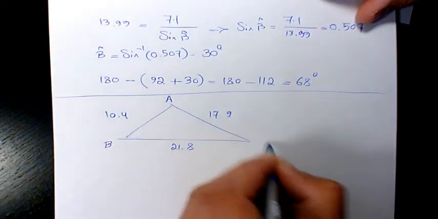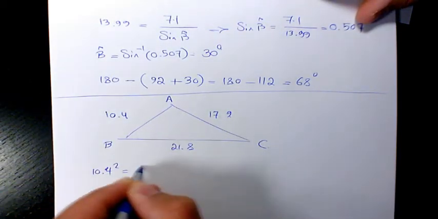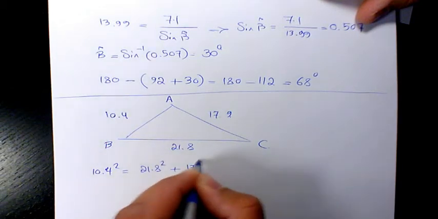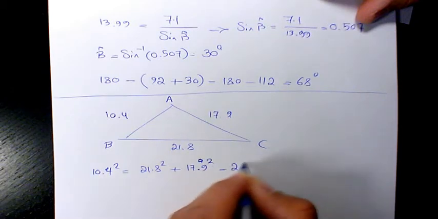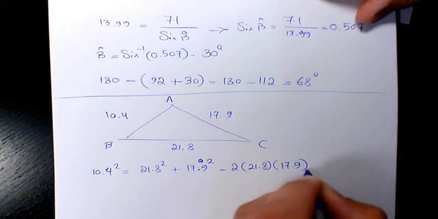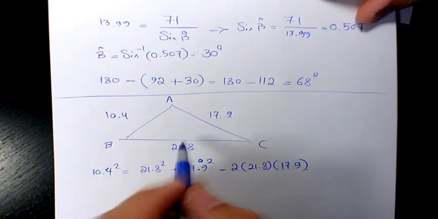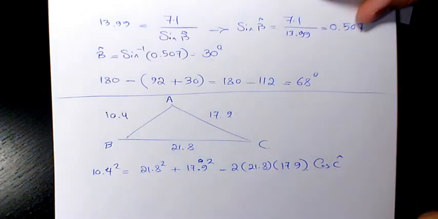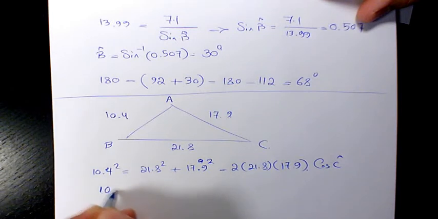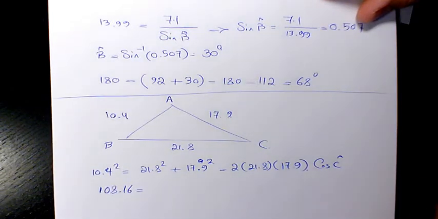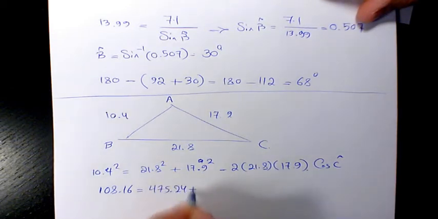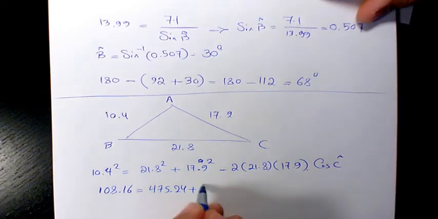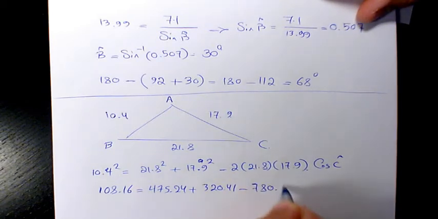We call it A, B, C. So 10.4 to the power of 2 equals 21.8 squared plus 17.9 squared minus 2 times 21.8 times 17.9 cosine C. 10.4 squared is 108.16, 21.8 squared is 475.24, 17.9 squared is 320.41, and 2 times 21.8 times 17.9 is going to be 780.44 cosine C.